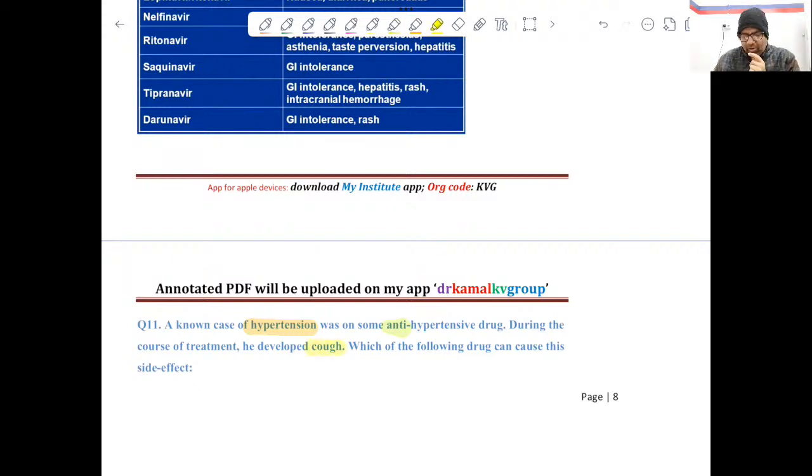I think all of you can answer which anti-hypertensive drug causes dry cough, which we just discussed. This is ACE inhibitors. Clear? So this is any member of the ACE inhibitor group.